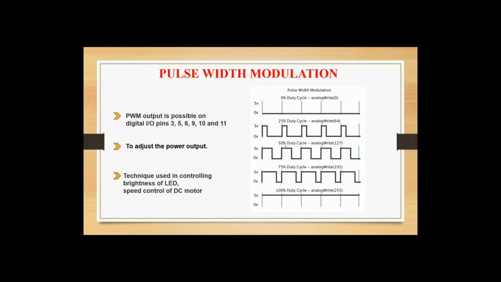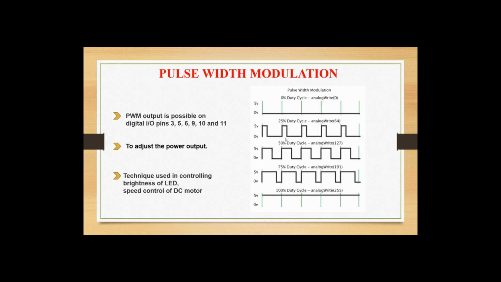I hope you can see this picture of graphs having some 5 examples. In this graph, these green lines are time intervals, and we all know as these pulse width modulation pins are digital input or output pins, so we can only give either 5 or 0, which means we can't give any value in between 0 to 5.